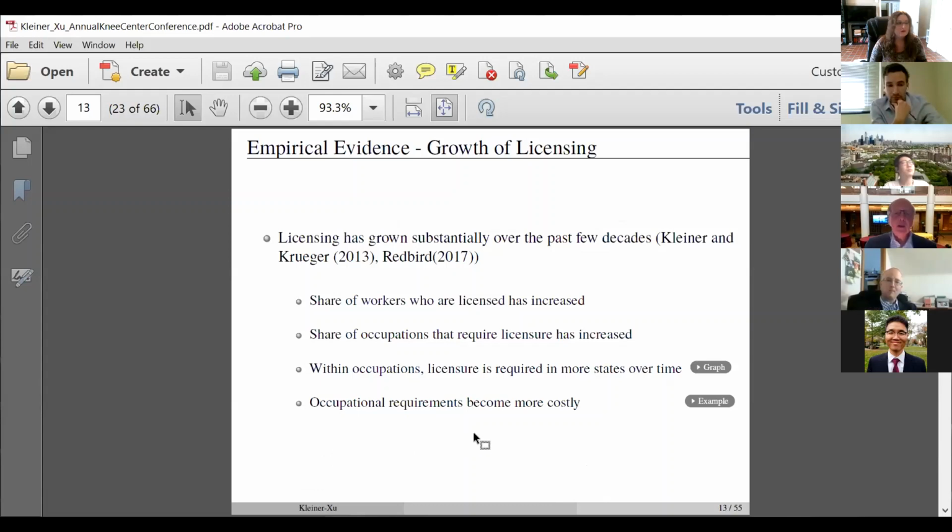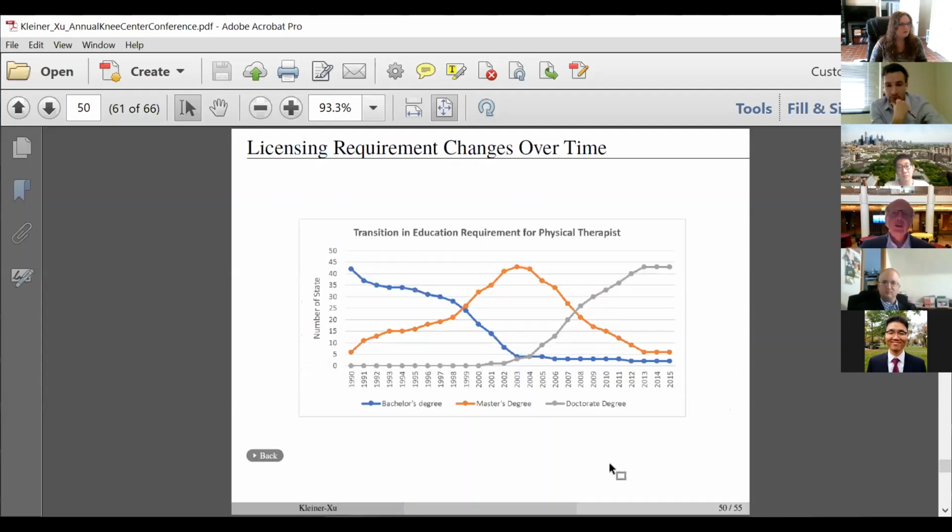Also, occupational licensing requirements have become more costly. So not only at the extensive margin do you see the growth of licensing, but also at the intensive margin. For example, here are the education requirements for physical therapists. In the 1990s, most physical therapists had a bachelor's degree, and that declined dramatically.